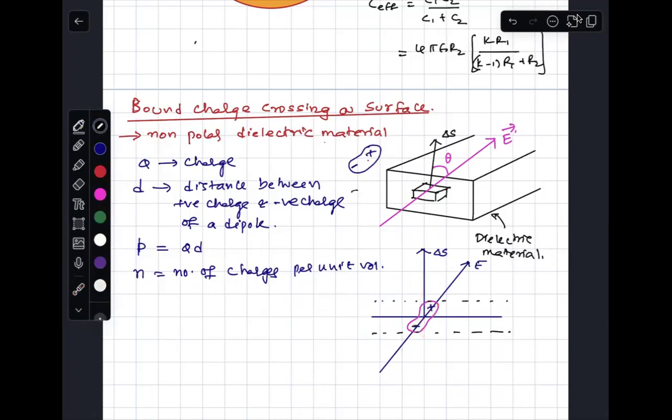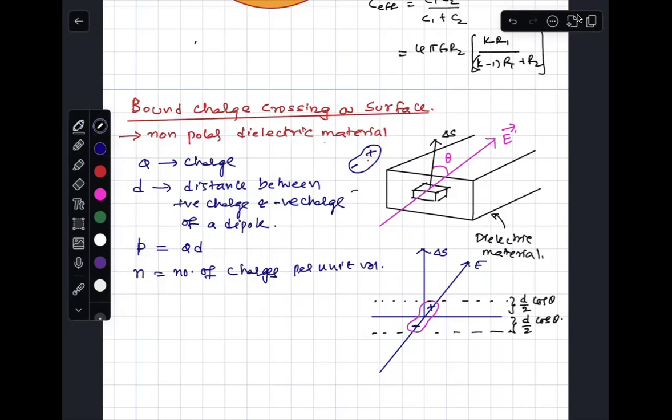Which means now I would like to give you clarity. This distance is d by 2 cos theta and this distance is d by 2 cos theta. Suppose if there is no electric field, nothing is crossing that surface. Because there is electric field, a positive charge crossed above that reference level, a negative charge crossed below that reference level. Now I'm stopping over here.